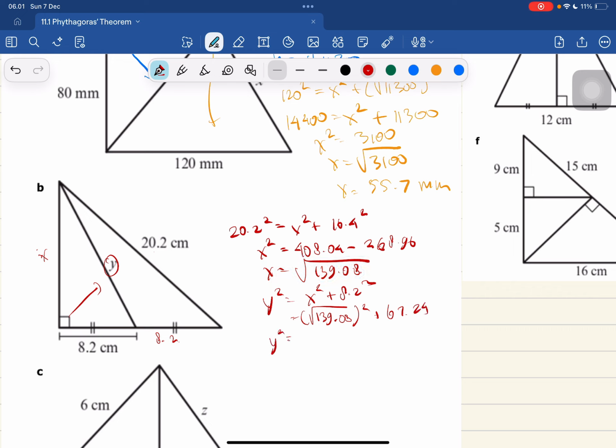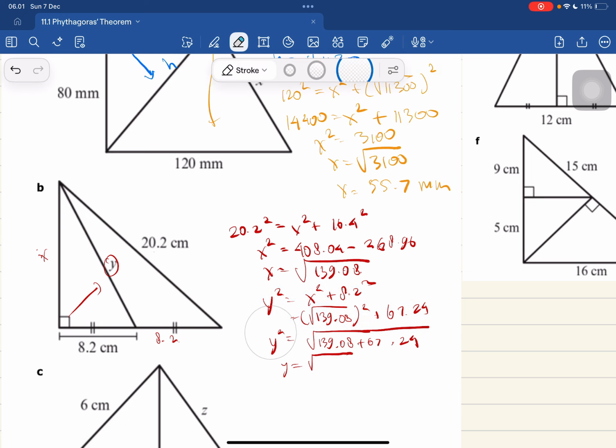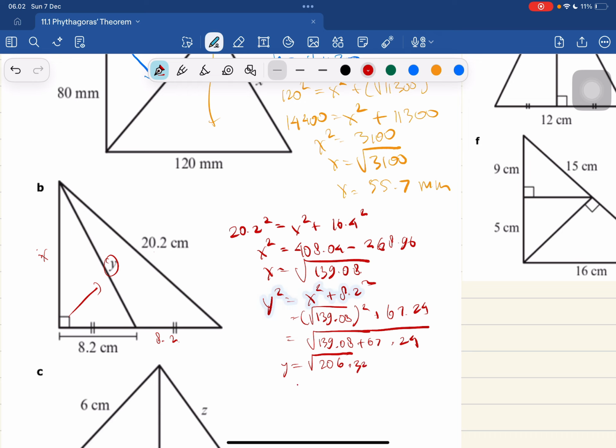So y squared equals 139.08 plus 67.24, which is 206.32. So y equals the square root of 206.32, which is 14.4.